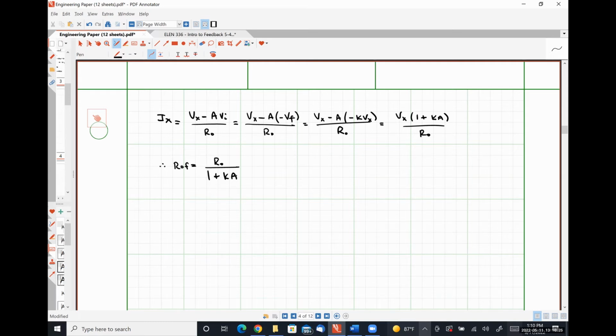So what we're going to talk about now is a practical case, right? This is how an ideal version would work. We don't have access to ideal amplifiers. We don't have access to ideal feedback networks, right? We make our feedback networks using passive components like resistors, capacitors, and inductors.